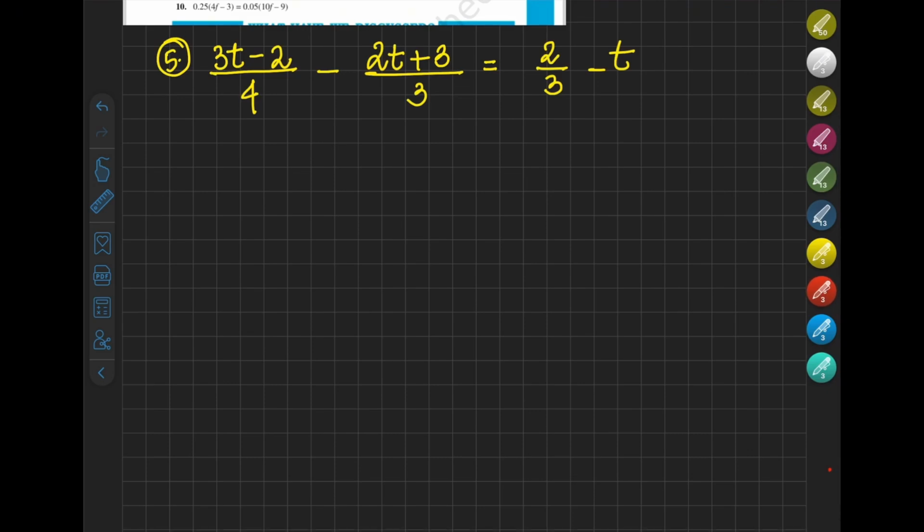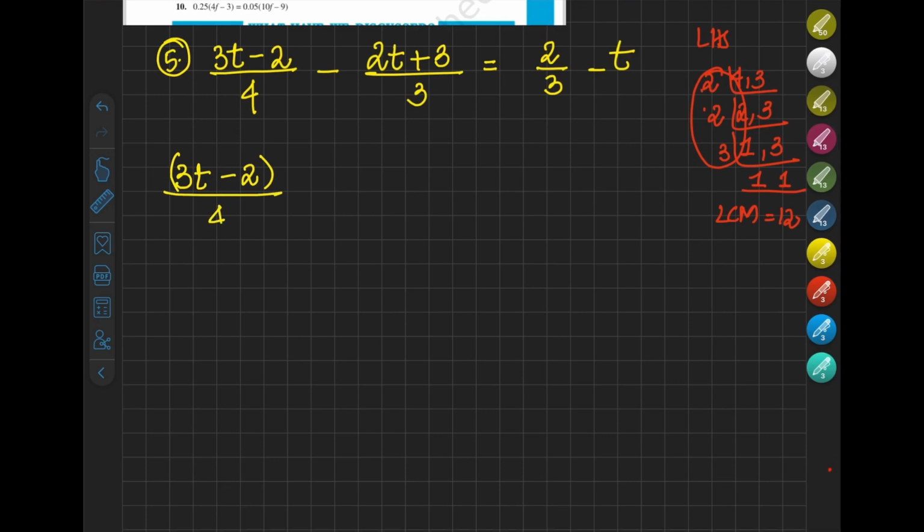For that we take the left hand side LCM, that is of 4 and 3. So 2 twos are 4, 2 ones are, and 3 ones are. So LCM is 2 twos are 4, 4 threes are 12. So the LCM is the product of these numbers. So what we have to do now is 3t minus 2 by 4 minus 2t plus 3 by 3.